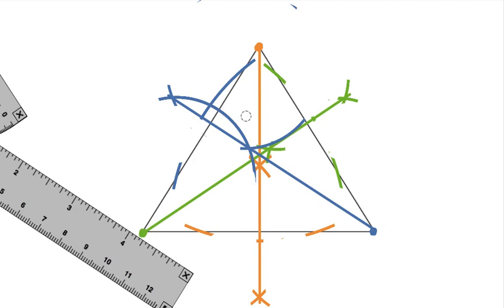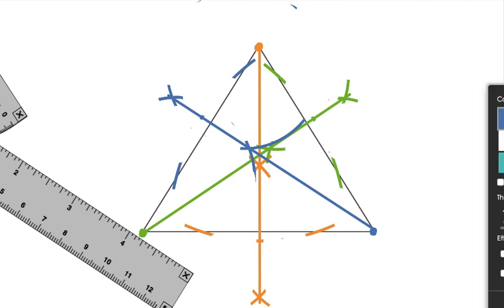This one got a little messy, overlapping some of those other pieces. So I want to be careful not to take those away. But notice here in the middle that they all nicely line up on that one point. That point where they all line up is called the orthocenter.